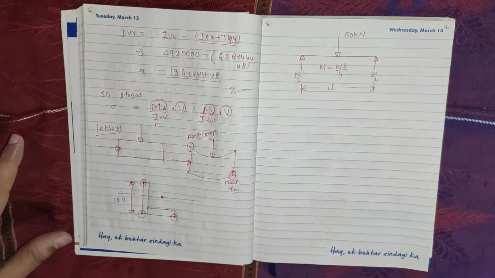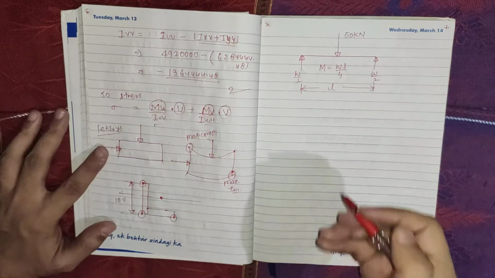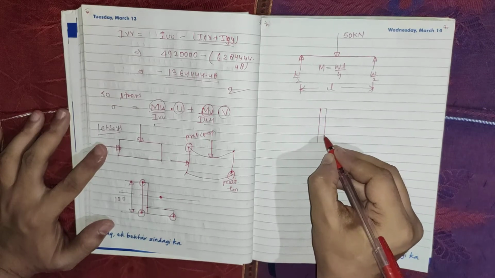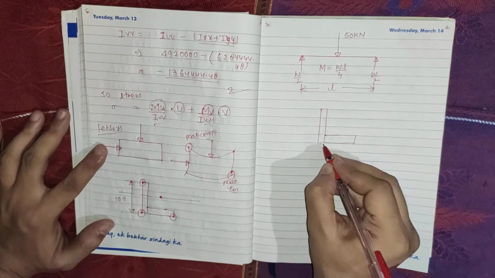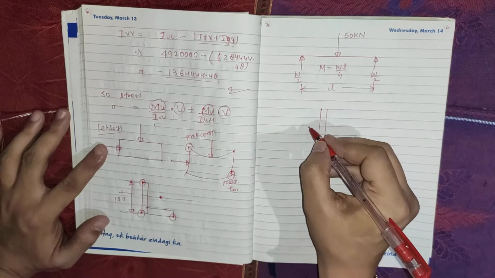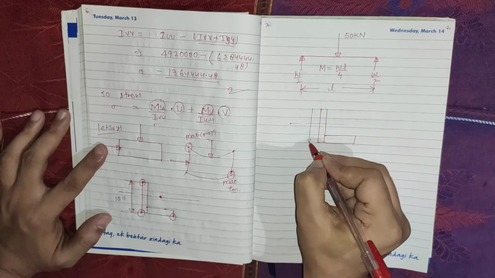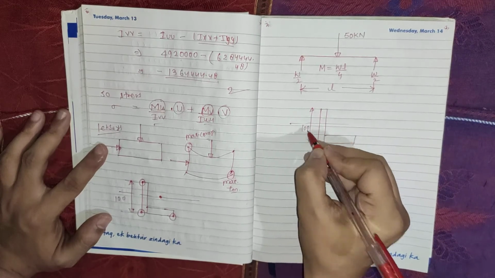Okay, so let's see again. So the diagram of this. Is it clear? Okay, this is 100. It becomes 100.